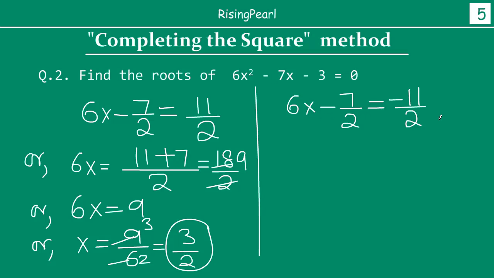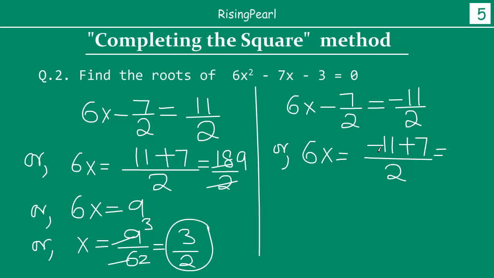Now how about this side? So here we will have 6x equal to, again LCM is 2, so minus 11 plus 7, this minus will become plus.